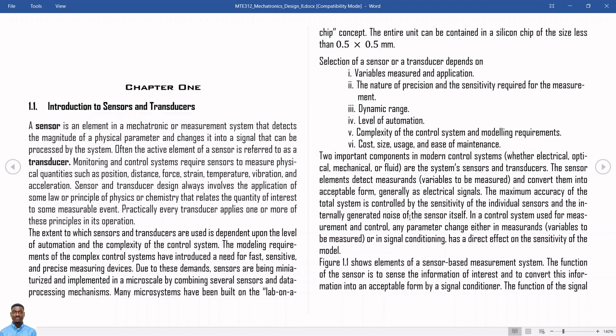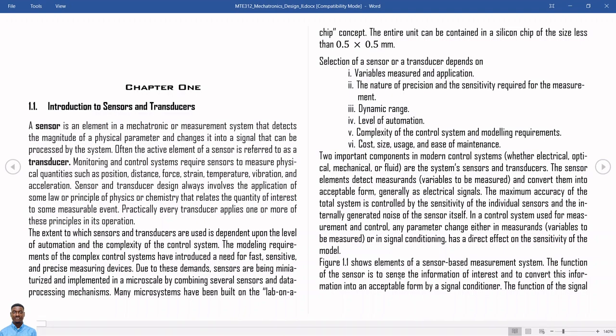So if you are using any sensor on any control system, the maximum accuracy of that control system is controlled by the sensitivity of the individual sensors that you have used on that system and the internally generated noise of each of the sensors that you might have used on that system.